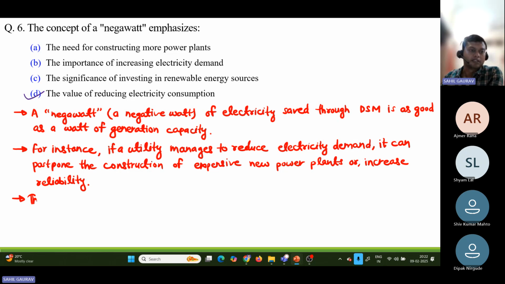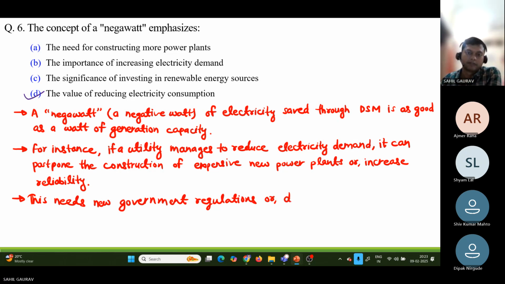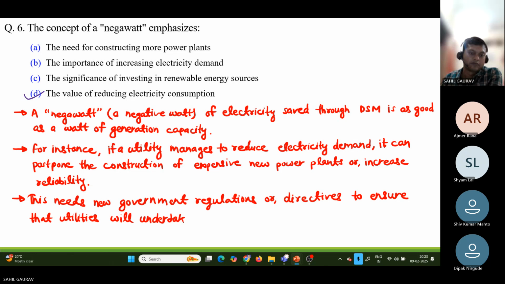And the last point is that this needs new government regulations or directives to ensure that utilities will undertake demand side management programs.